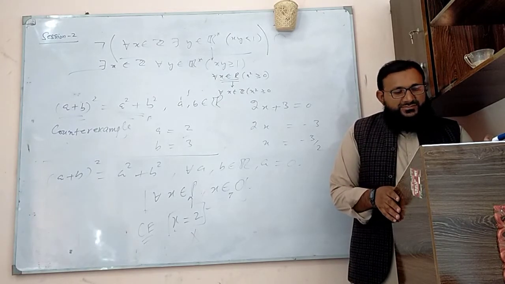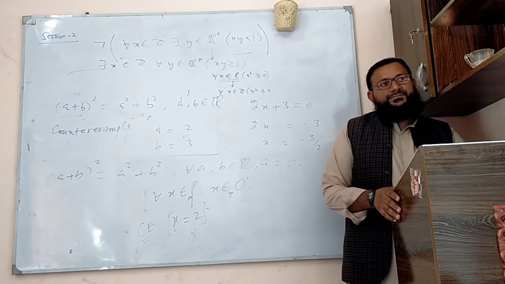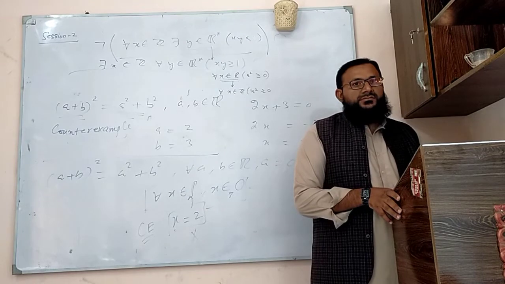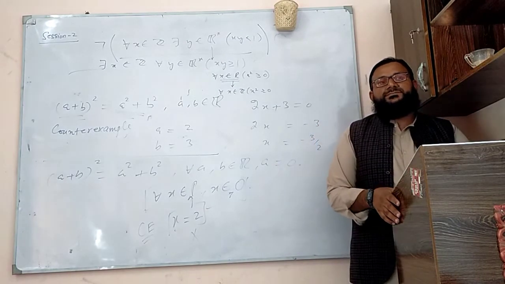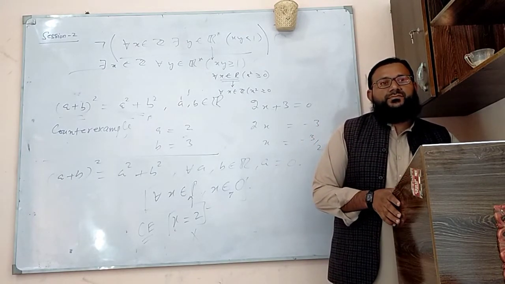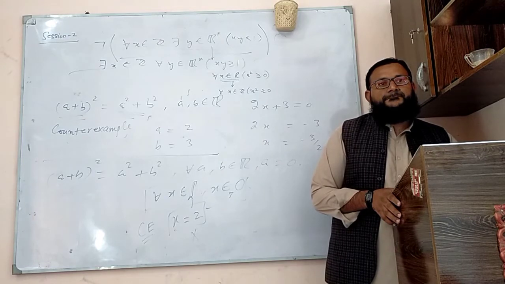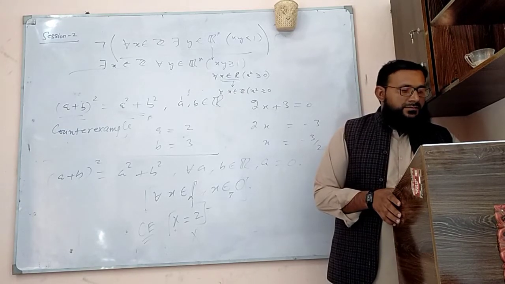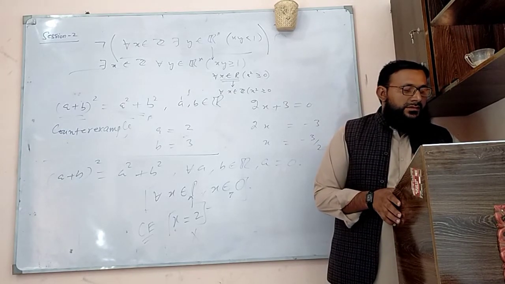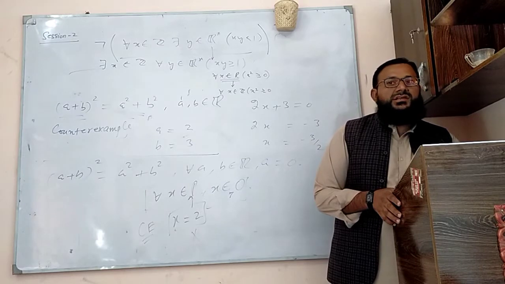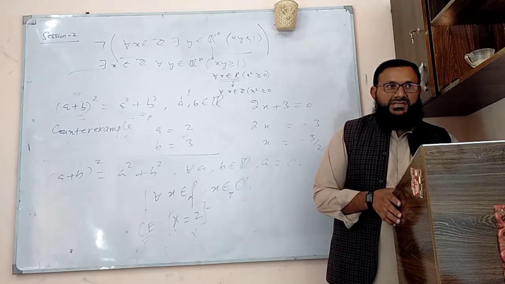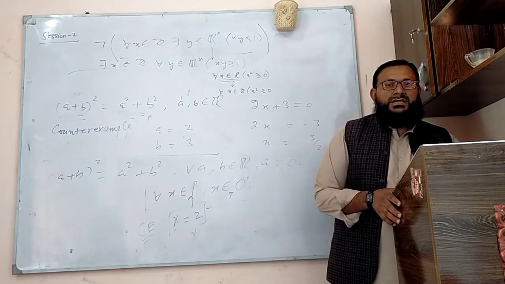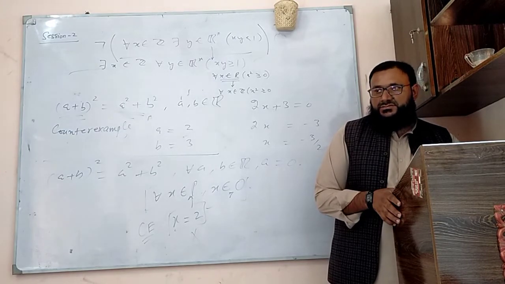So what else do we have? What are axioms and postulates? Conditions, requirements, things which must be satisfied, some conditions which must be true. Postulates are mainly related to geometry and physics.